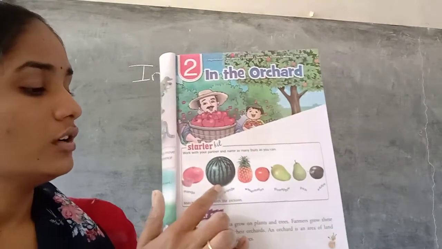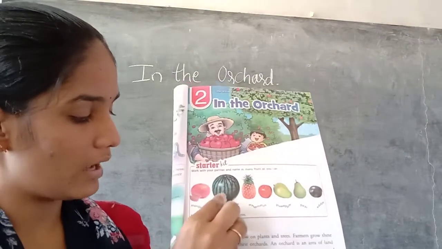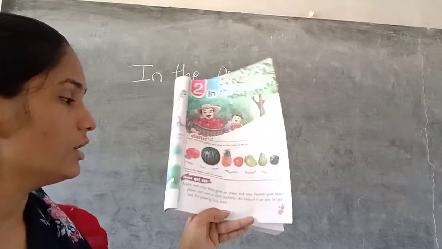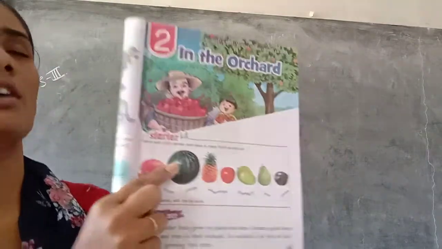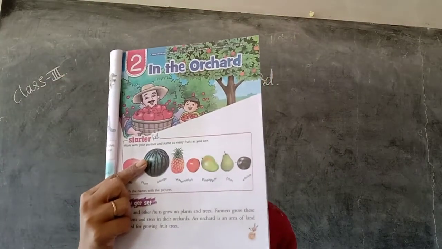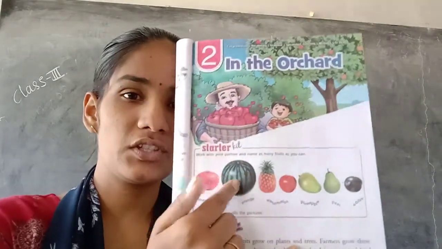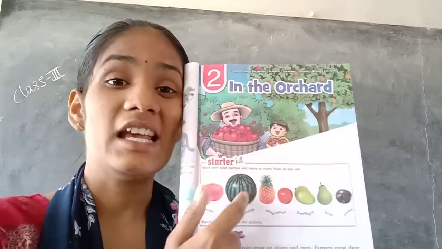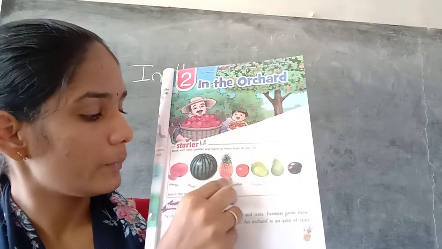You have to make a mark joining the first picture with the word orange. Now look at the second picture. See how big this fruit is. By seeing this picture, can you identify it? Yes, of course, correct. This picture is of a watermelon.